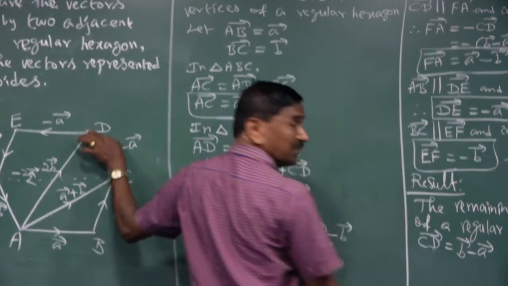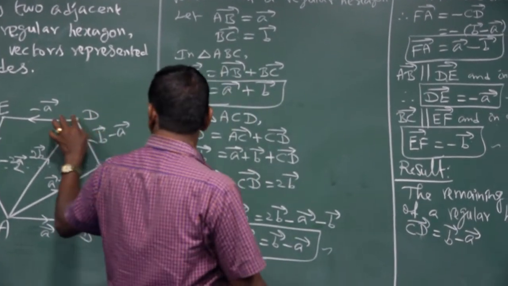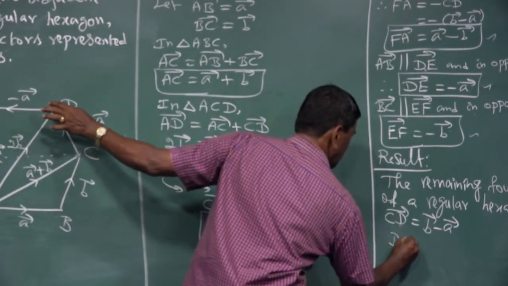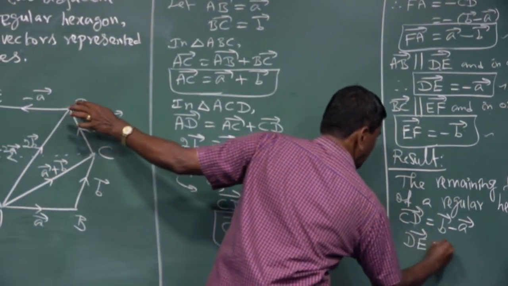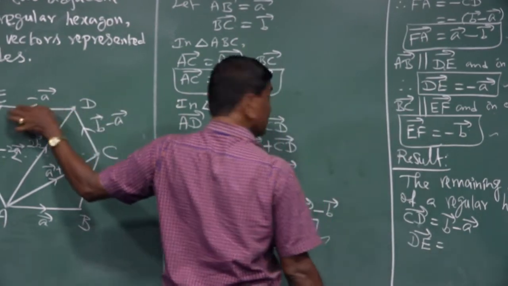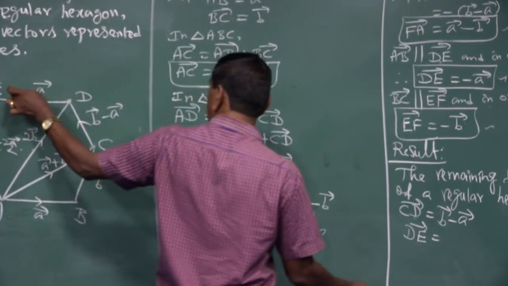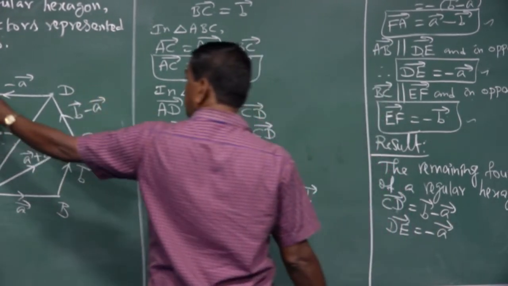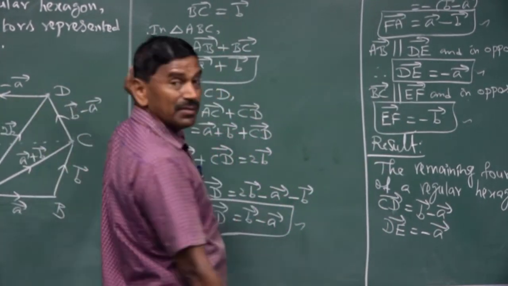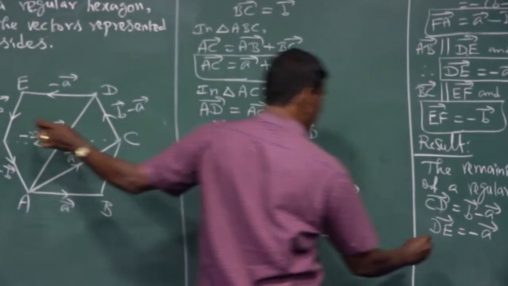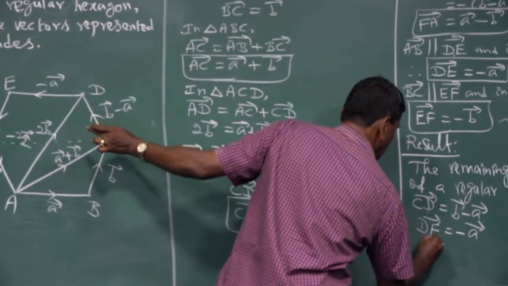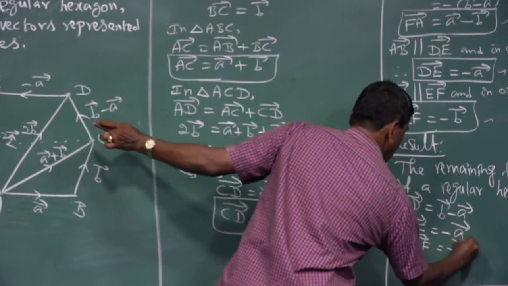Next, DE vector is equal to minus A vector. Next, EF vector is equal to minus B vector.